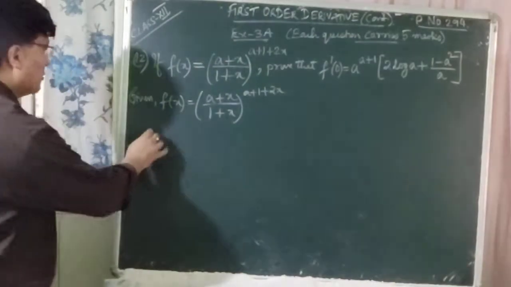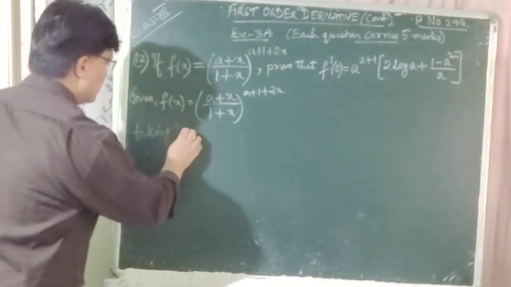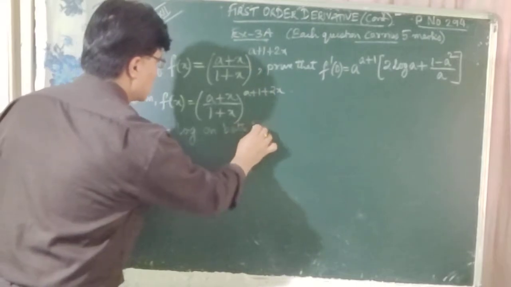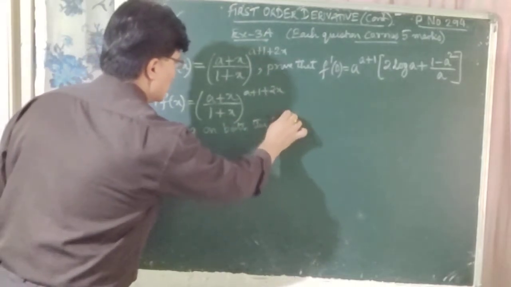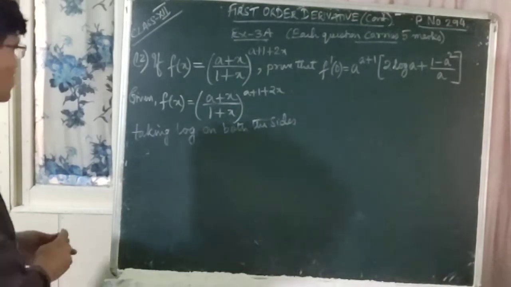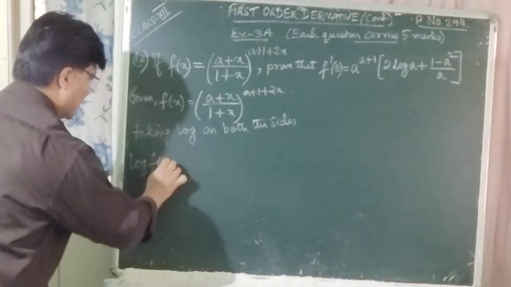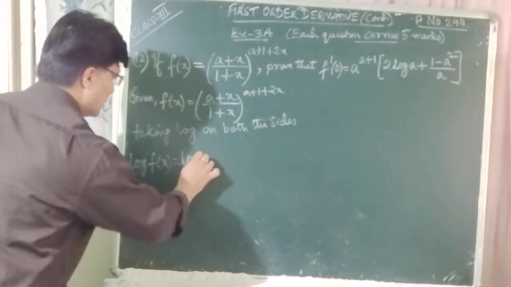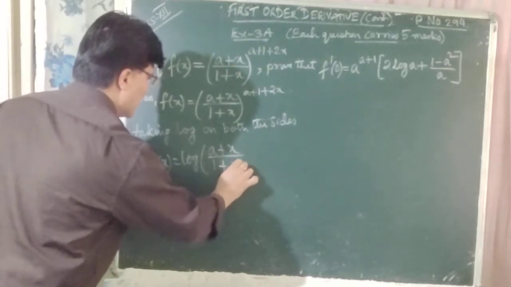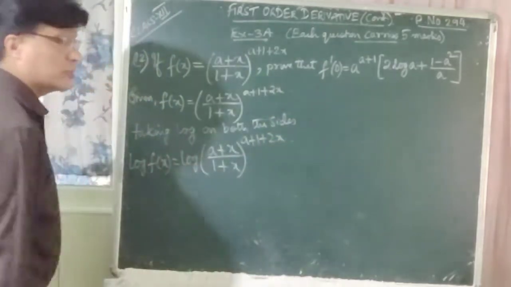Okay. So now taking log on both the sides. So what do we get taking log on both the sides? It is log f of x is equal to log of (a plus x divided by 1 plus x) whole to the power a plus 1 plus 2x.